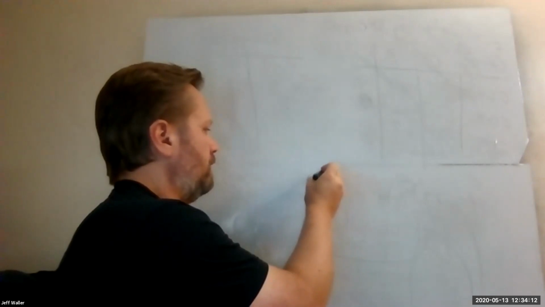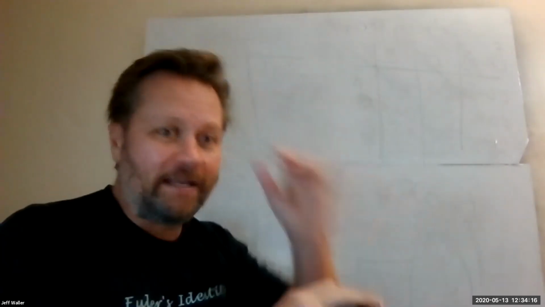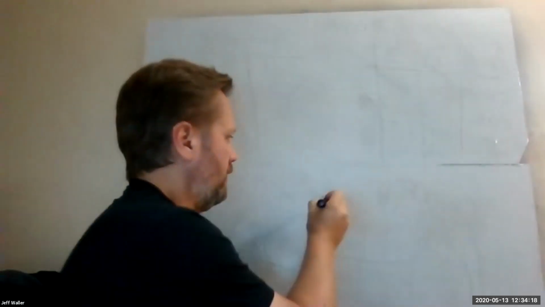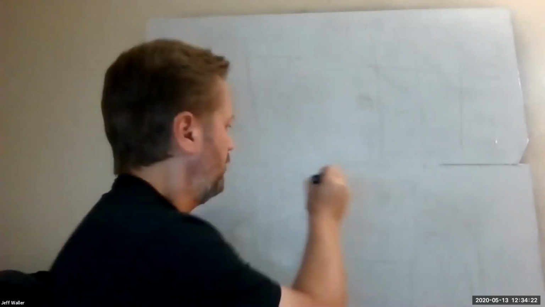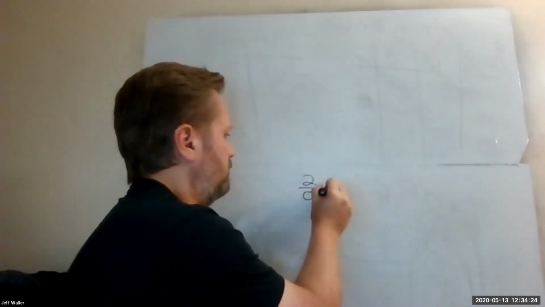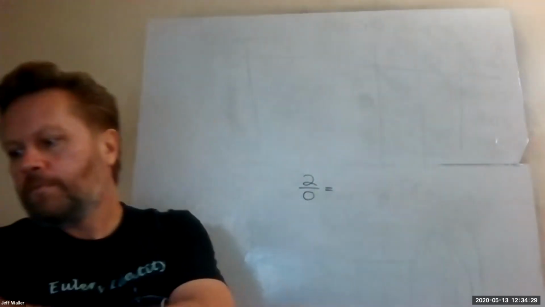So let me ask, this is going to be a very interesting question. You ready? It's really weird. If I divide, the first couple questions are old. What's 2 divided by 0? What do we call that? Undefined. And I explained a couple times exactly why.